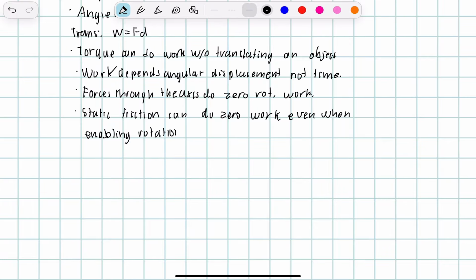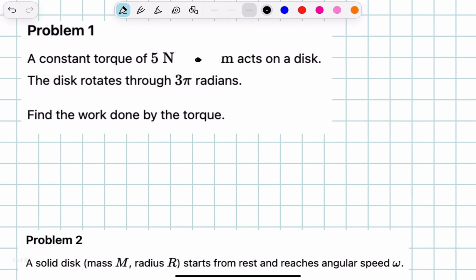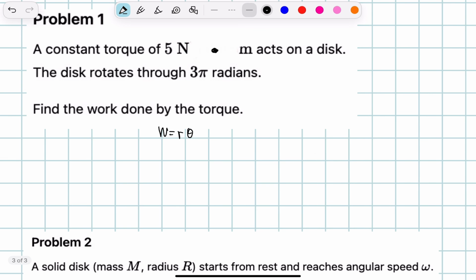So let's look at some examples that exemplify these ideas. Number 1: a constant torque of 5 newton meters acts on a disk. The disk rotates through 3 pi radians. Find the work done by the torque. We know that work is equal to the torque times the angle theta.